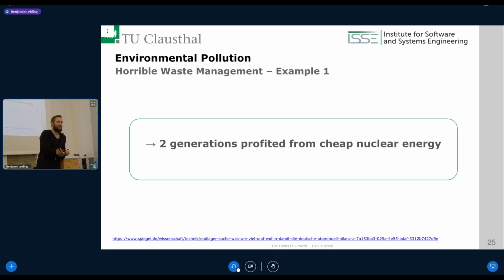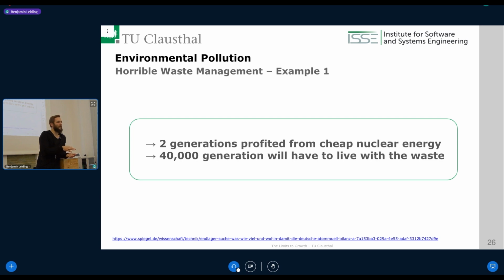We're just using it in mostly developed countries because it costs a lot of money to build a nuclear reactor and then run it. It's not very cheap. And just from those 2 generations, we have a lot of trash left.